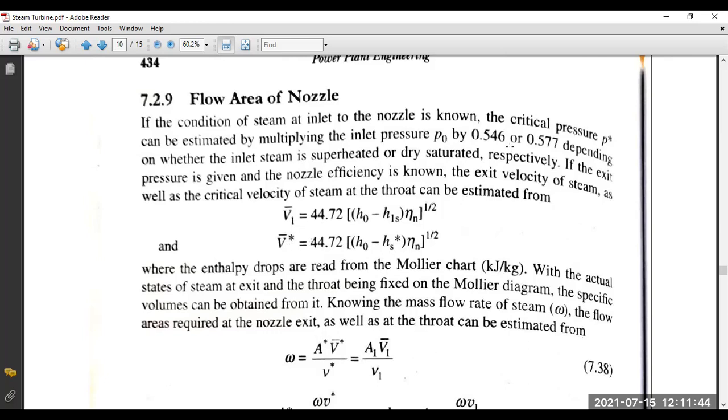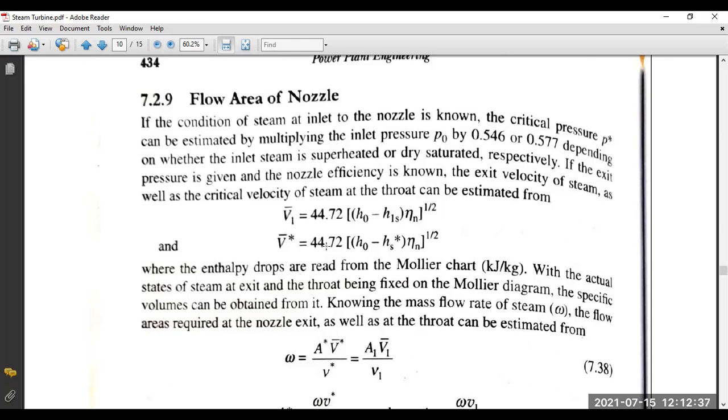The exit velocity is estimated as a numerical factor 44.72 multiplied by the difference between the enthalpy at the stagnation point minus the enthalpy at the outlet, and V* is the velocity at the critical point, given by 44.72 multiplied by H0 minus the enthalpy at the critical point, multiplied by the efficiency of the nozzle itself.